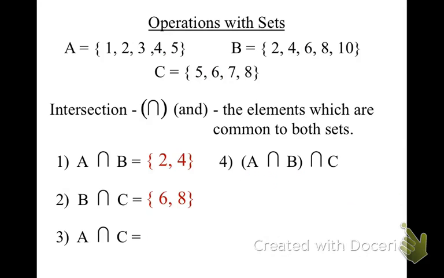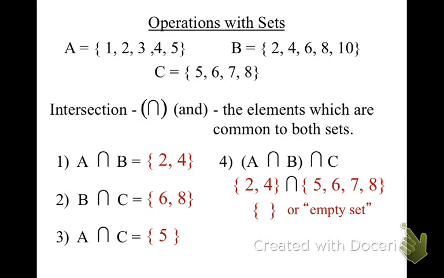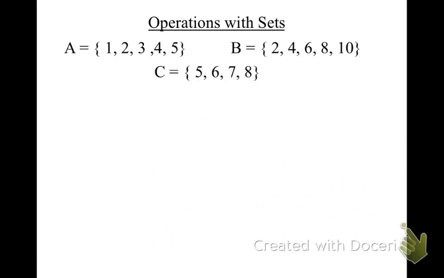So we say that is an empty set. The way we write that is with a symbol. We can use braces with nothing in them, we can write the words empty set, or we can put a 0 with a line through it, which means null set. Any of these four will work: braces, the words empty set, the words null set, or a 0 with a line through it.